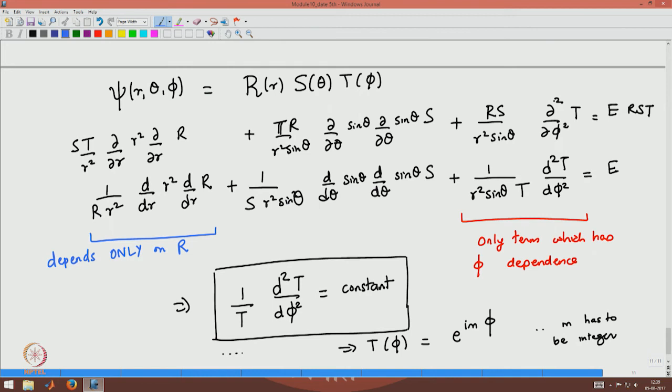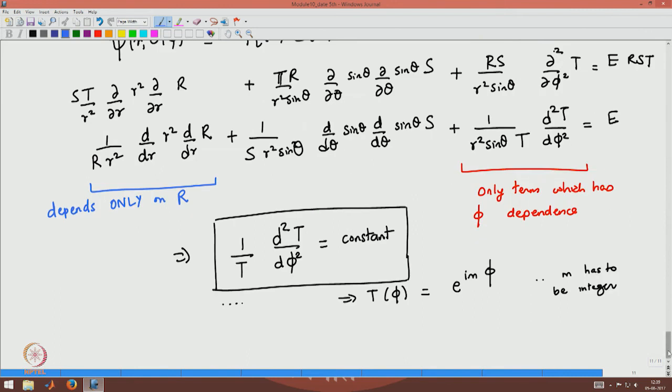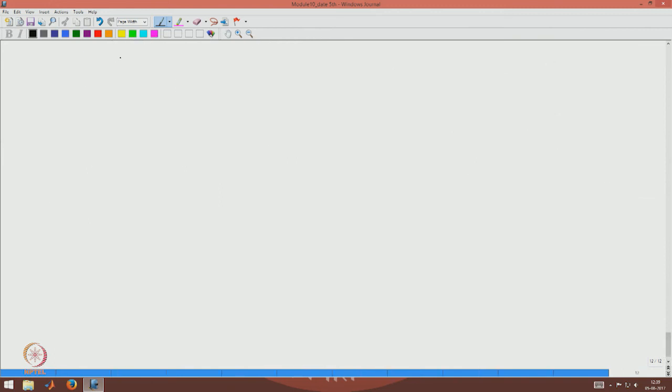So what you can do is set the theta part to a constant, and then go ahead and solve that equation. So the second and third terms have the theta dependent terms. Now what is done after this is that you write 1 over t d square t by d phi square is equal to minus m square.